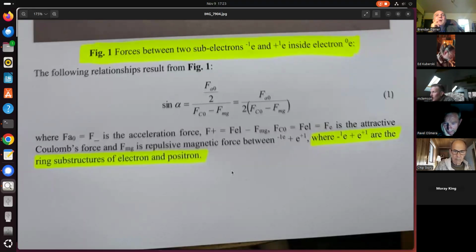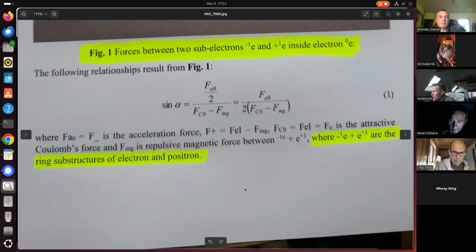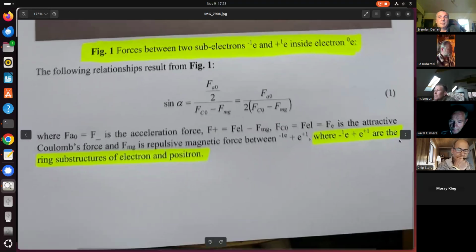And you can see all these other relationships between the forces. F sub B is the attractive Coulomb's force, and F sub mg is the repulsive magnetic force between the states and the electron, where E minus 1 and E plus 1 are the ring substructures of electron and positron.